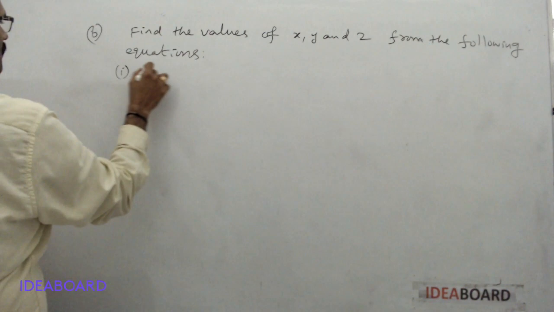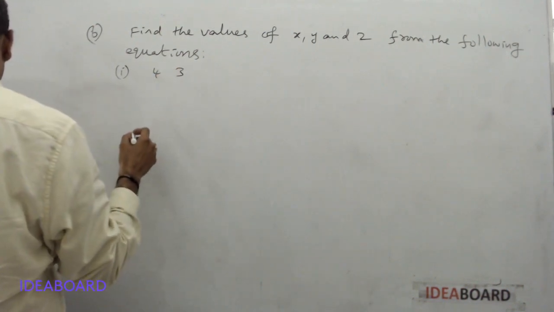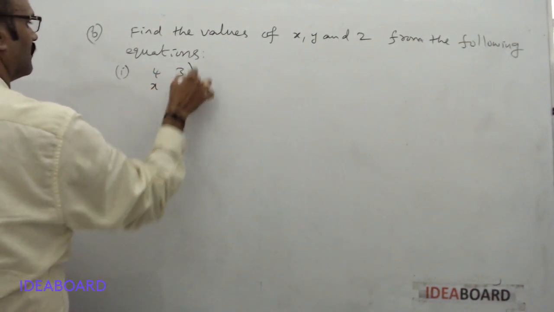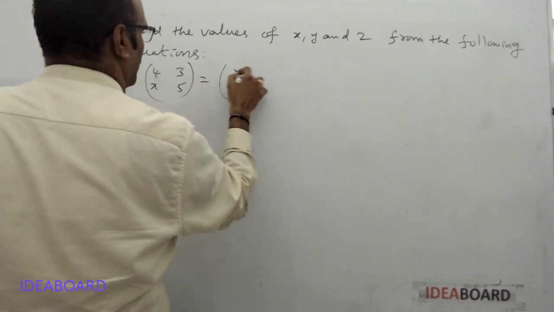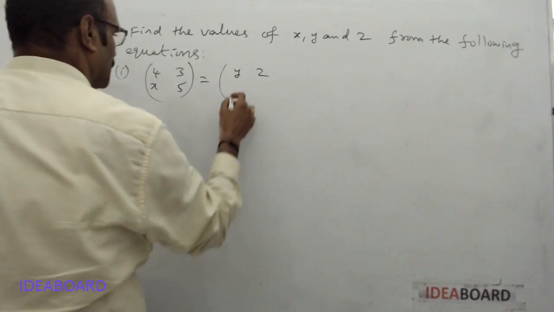The matrix with 1, 4, 3, x, 5 equal to the matrix with y, z, 1, 5.